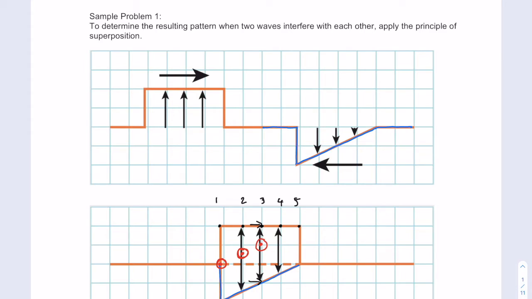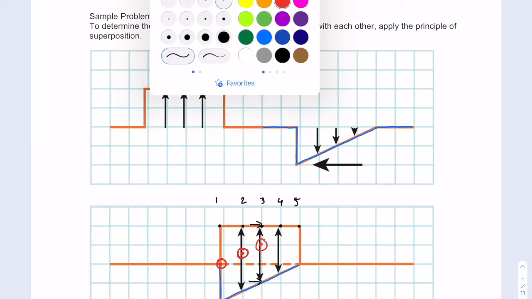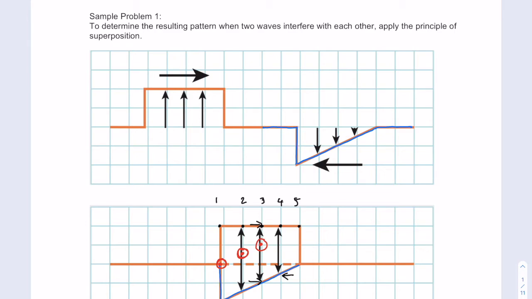At point number 4, we can see that the orange wave has a displacement of 2 units above, whereas the blue wave has a displacement of 0.5 below. So 2 minus 0.5, we get a resulting interference point that is 1.5 above. At point number 5, we can see that the orange wave is still 2 above, while at this point the blue wave has a displacement of 0.